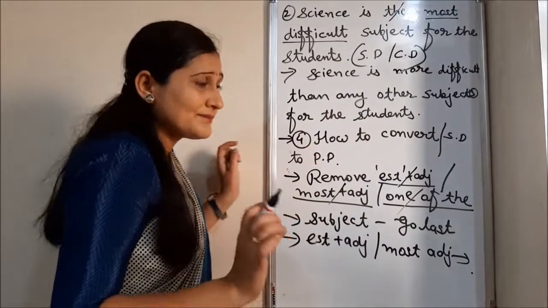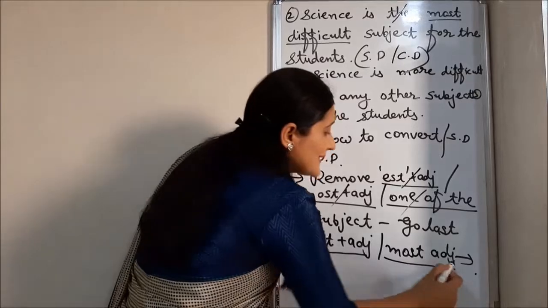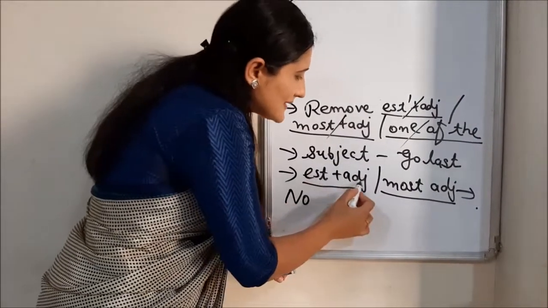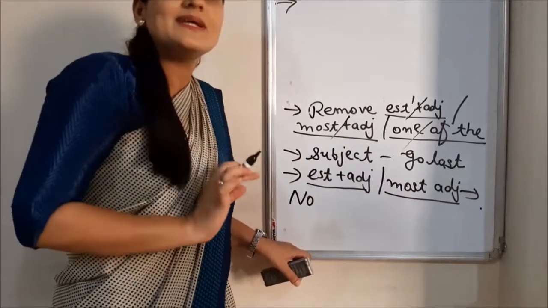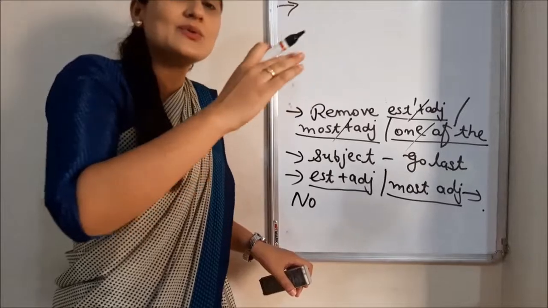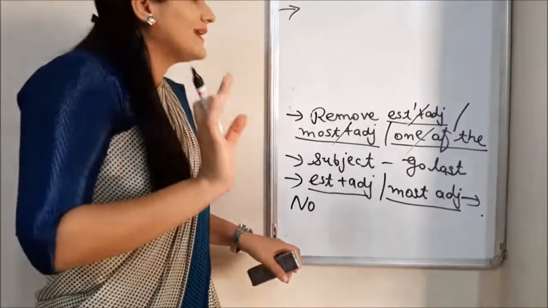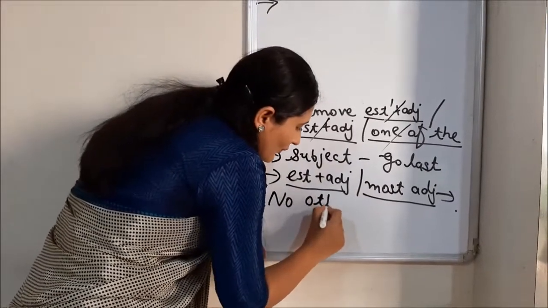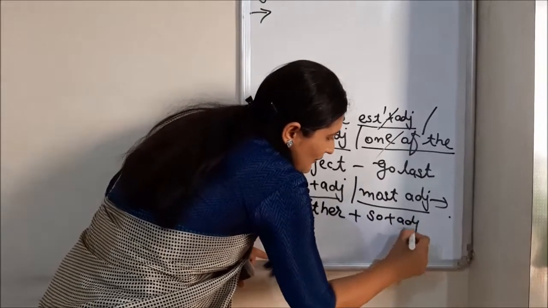So here, if EST or most plus adjective is given, that you have to check, and one of the that you have to check, from SD to CD also and SD to PD also, right? That I have talked about. So here if this is given, we will write no other plus so adjective is.